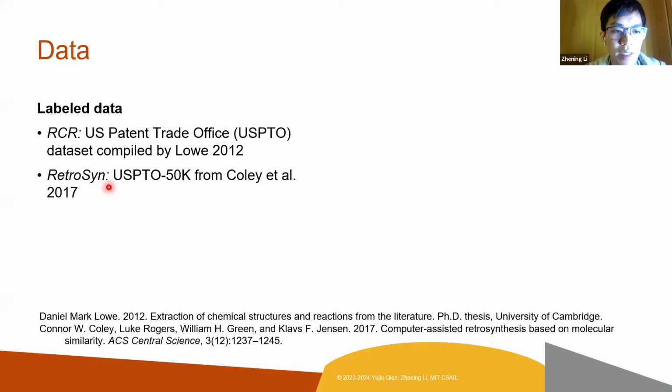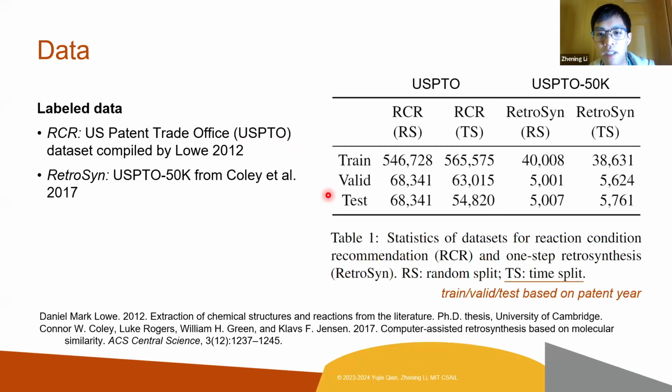And then for the retrosynthesis task, we will take the USPTO 50K dataset from Coley et al. 2017. And this is a brief summary of the order of magnitude of the sizes of our data sets. So for USPTO, for RCR, reaction condition recommendation, we have about 600 to 700,000 labeled data pairs.